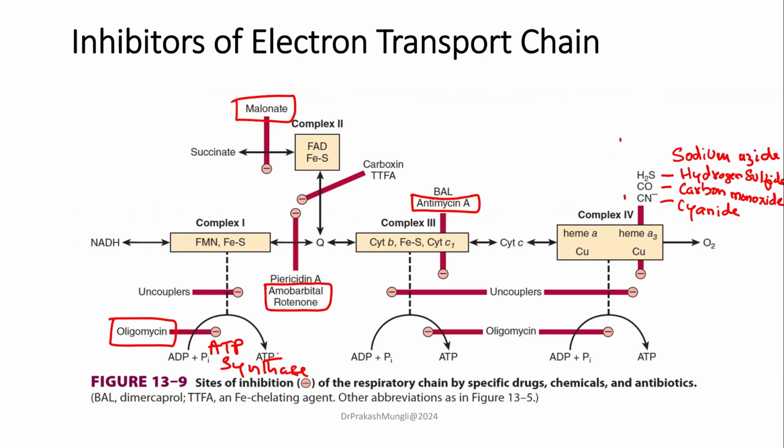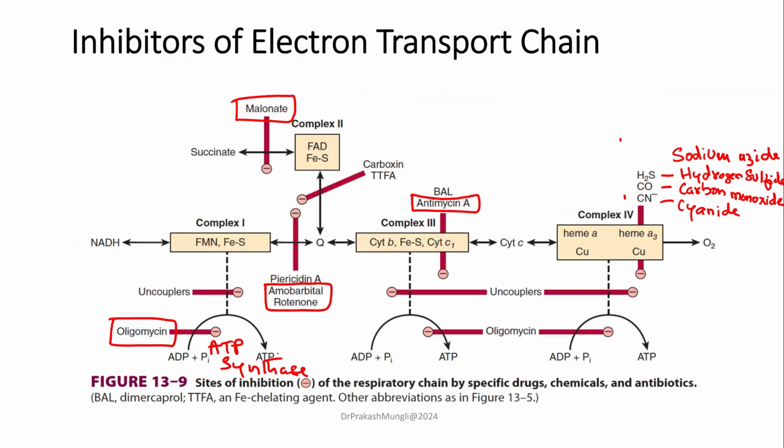You need to write down separately the names of inhibitors for each complex. Complex 1, what are the inhibitors? Complex 2, complex 3, complex 4. Have a list, and oligomycin for ATP synthase. Okay. If you get that name, you should know where it is inhibiting.